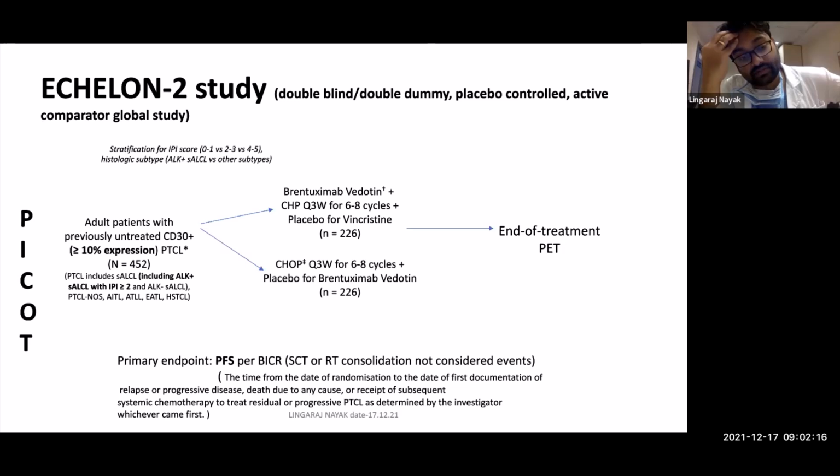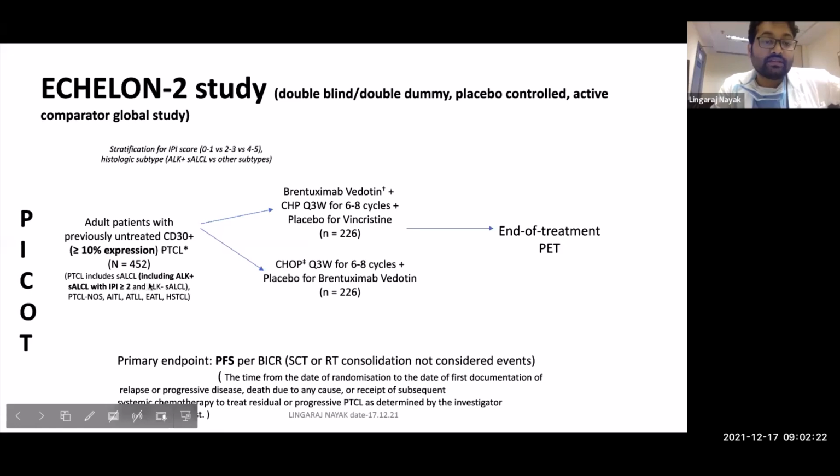Almost 450 patients, a huge study. And what are the patients included? There were systemic ALCL, including ALK positive, but this should have an IPI of 2 or more, ALK negative ALCL, PTCL NOS, AITL, ATLL, EATL, and hepatosplenic gamma delta lymphoma. So all kinds of PTCL, but predominantly almost 75% of patients were actually ALCLs.